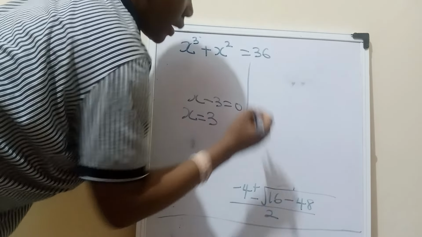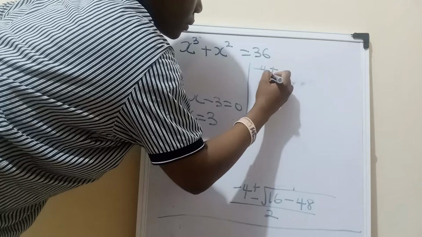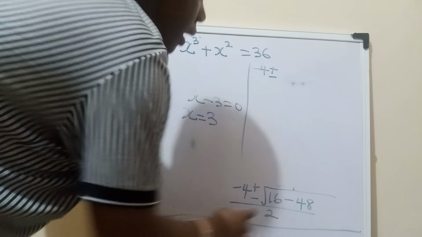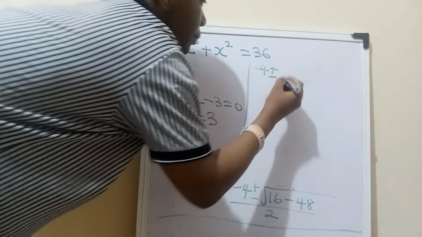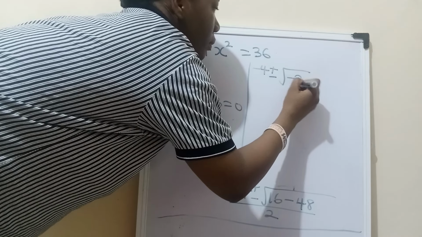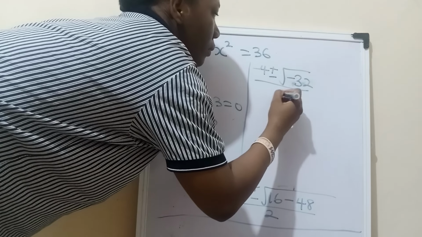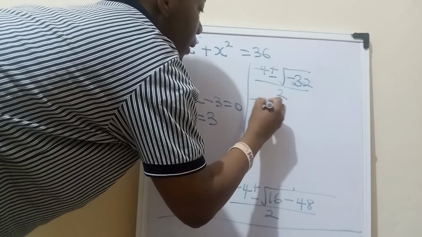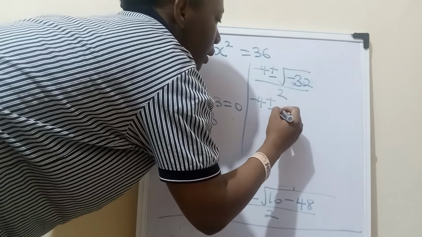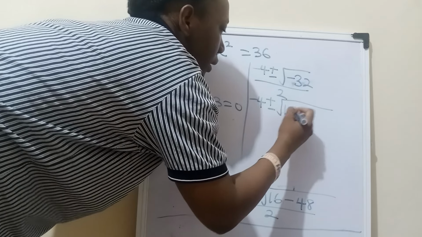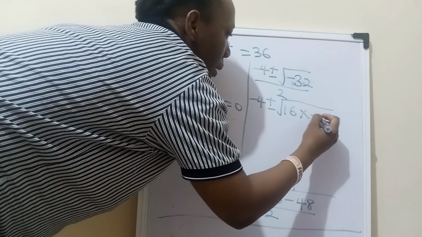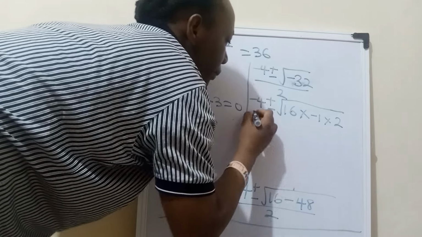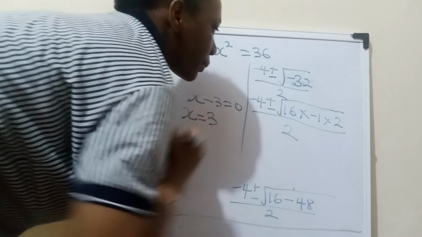So we have minus 4 plus or minus the square root of, when we subtract, it's going to give us minus 32, all over 2. Minus 4 plus or minus the square root of 16 times minus 1 times 2, all over 2.